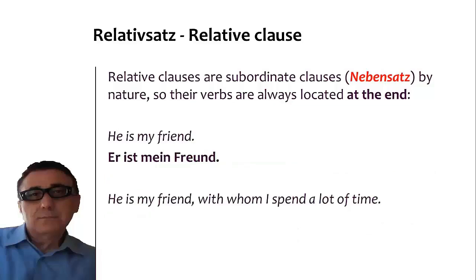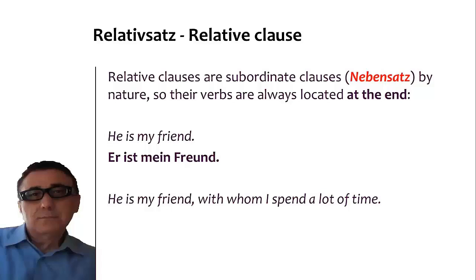Let's see another example. He is my friend. Ist mein Freund. But I want to say, he is my friend with whom I spend a lot of time. So I will explain the word Freund. The article of Freund is der.